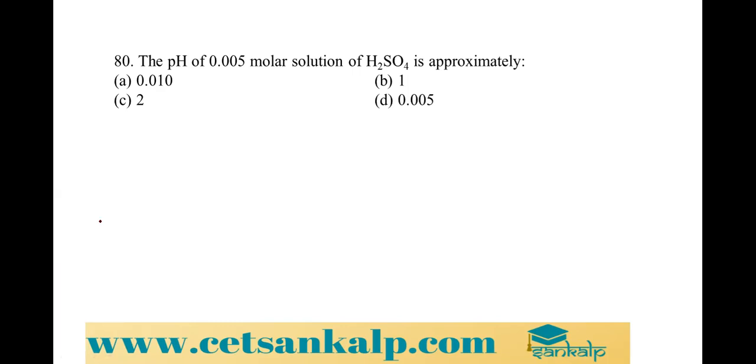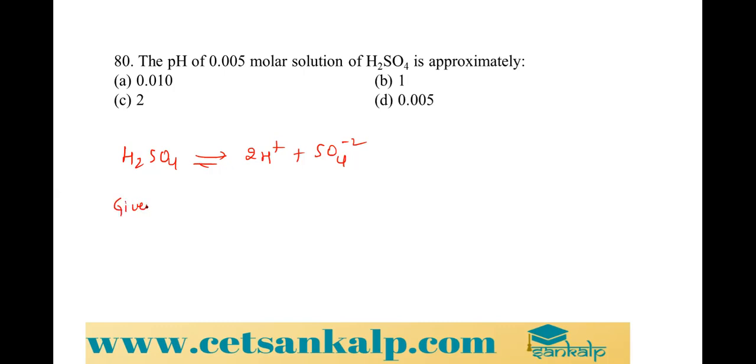0.05 molar solution of sulfuric acid is approximately how much, they are asking. Okay, let us see. Sulfuric acid H2SO4 ionizes to give rise to what? 2H plus and SO4 minus 2. The concentration is given.